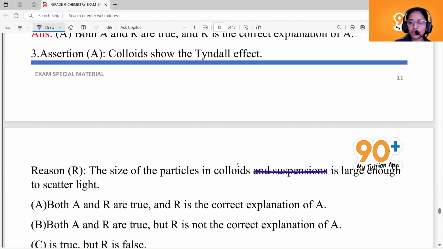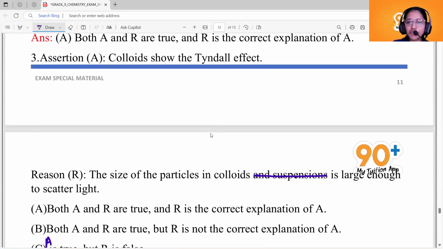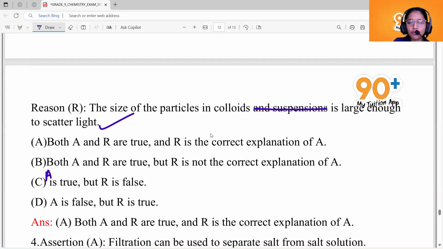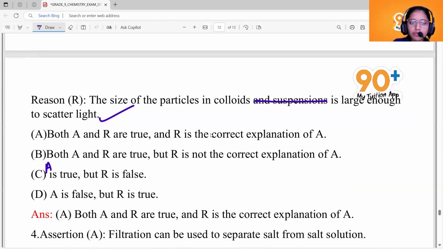Both A and R are true, R is not the correct explanation. A is true, but R is false. A is false, but R is true. So what is the answer? Colloids show the Tyndall effect. That is true. Size of particles in colloids is large enough to scatter light. That is also true. So option A is the correct answer. Both A and R are true and R is the correct explanation of the assertion.